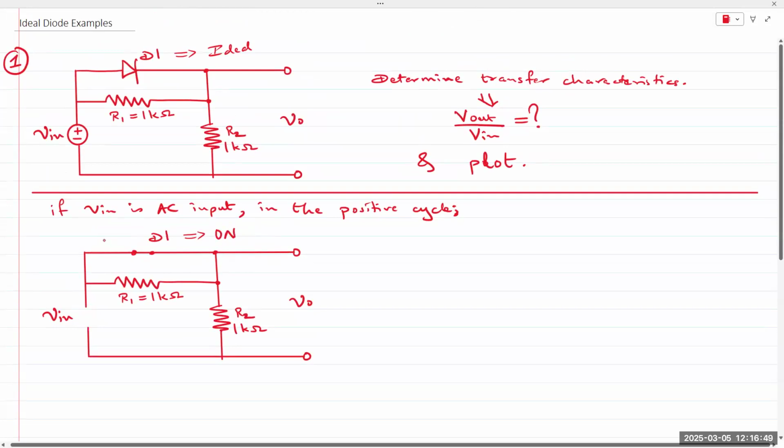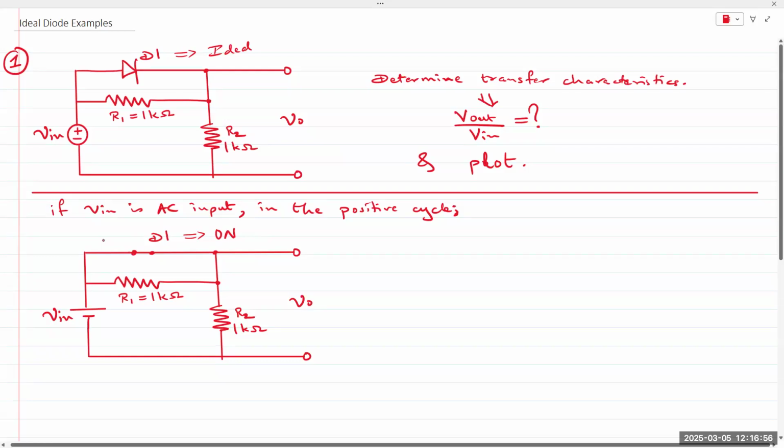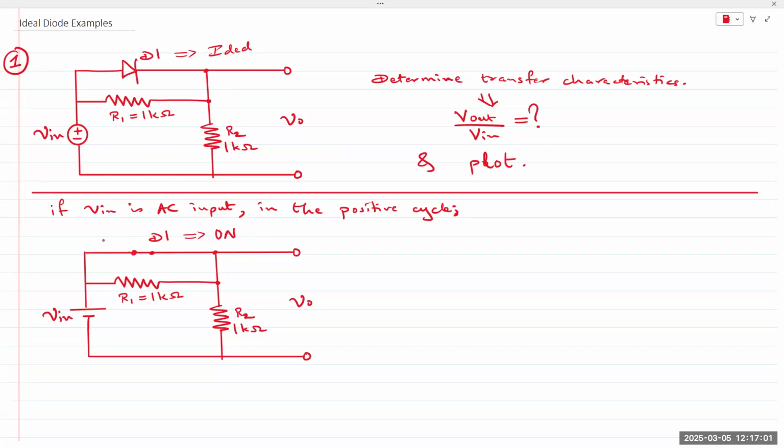I'm representing it as a battery, not a DC source. But for all intents and purposes, in the positive half cycle it doesn't matter what its value is. If it goes from 0 to plus 5 volts, it will still be positive for all values: 0, 1 volt, 2 volts, 3 volts, 5 volts, and then back down to 0. But the positive will always be at the top.